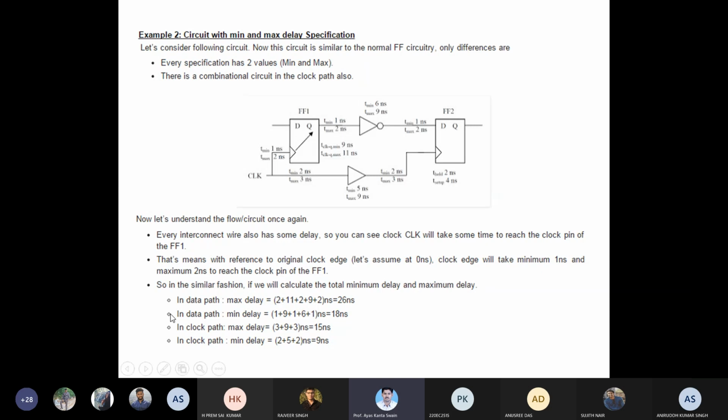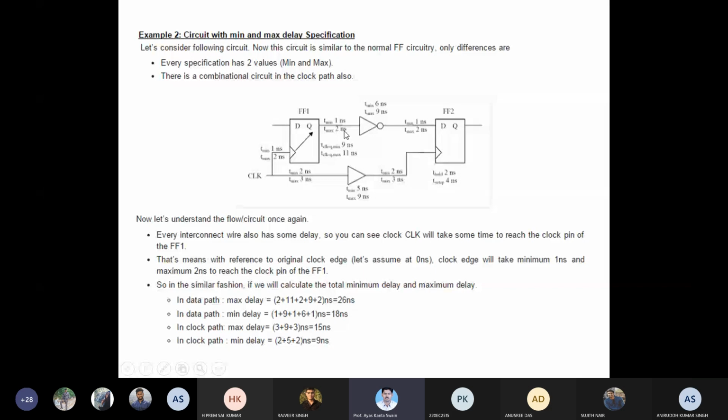Okay, so you can see in the data path, that is from CLK to Q, then inverter, then flip-flop 2. In that data path, what is my maximum delay? Here the first is 2 nanosecond. After the clock, there is a 2 nanosecond maximum delay.